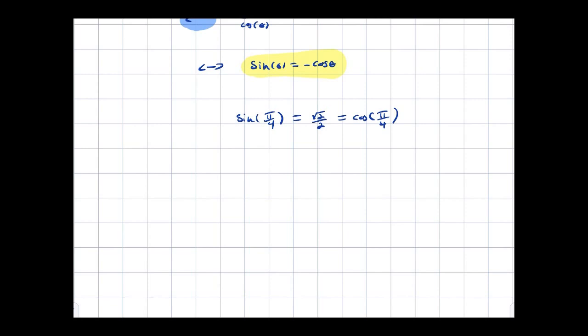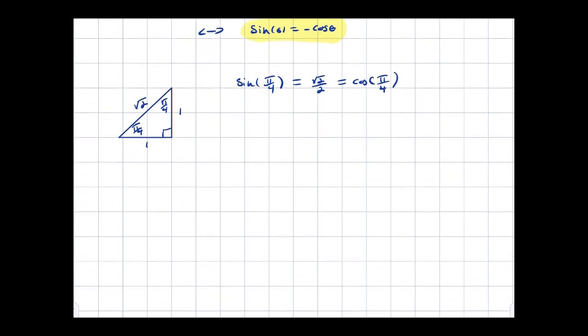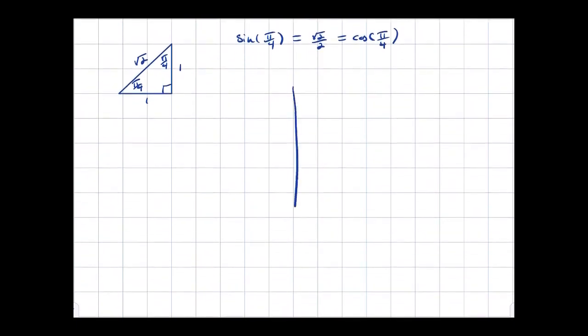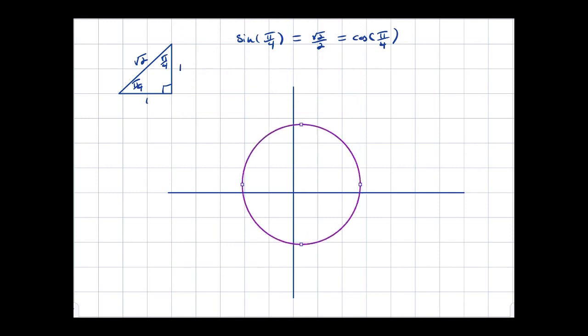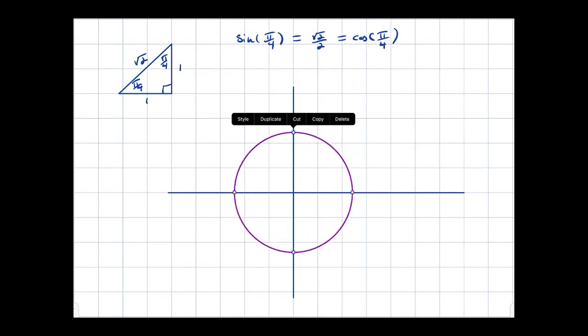This comes from the special triangle with angles pi over 4, pi over 4, sides 1, 1, and square root of 2, and then just the definitions of sine and cosine. Hopefully I also know the unit circle, which we're going to look at presently. The special triangles and the unit circle are the tools we use to do most things in elementary trig, including solving basic trig equations like this.